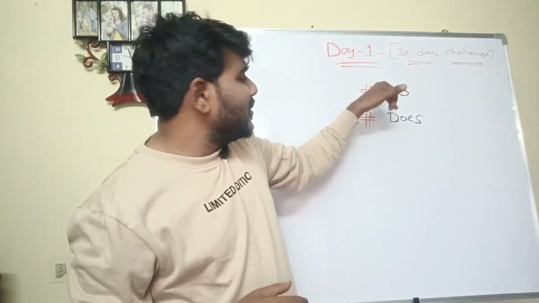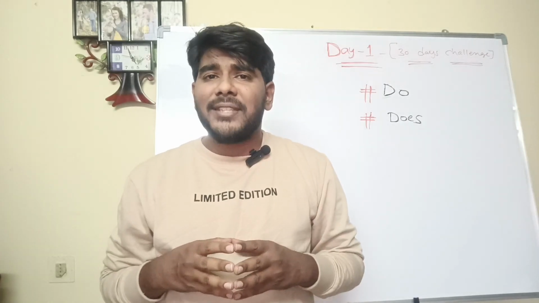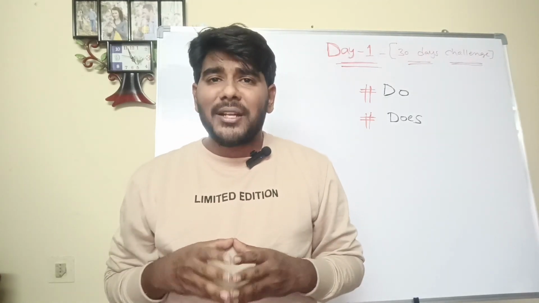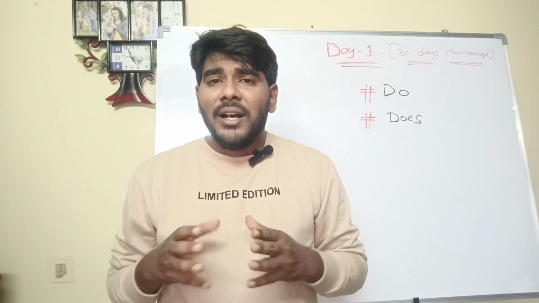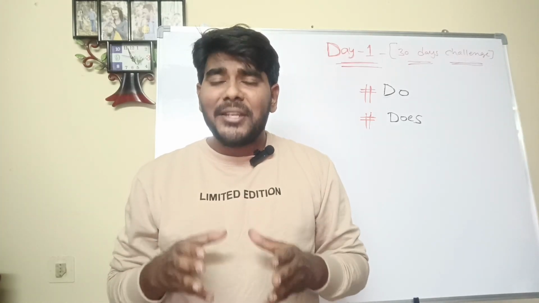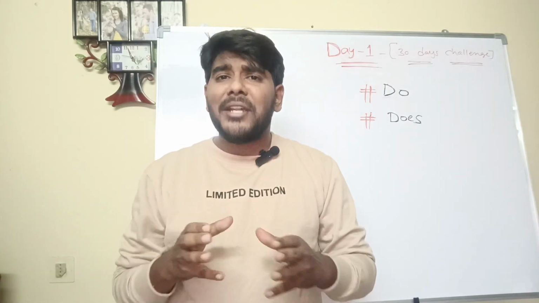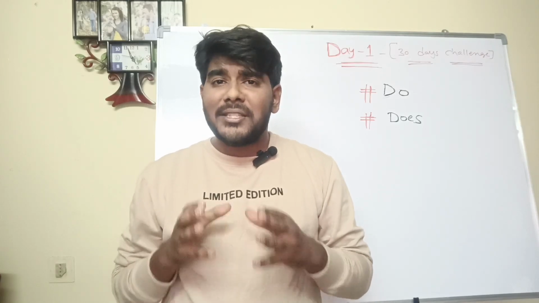We use these two auxiliaries in different situations. For example, we use do and does to talk about something that happens regularly, frequently or very often, or actions that have become an integral part of our life. Besides this, the greatest advantage of using do and does is that you can give a story narration in a simplified manner.